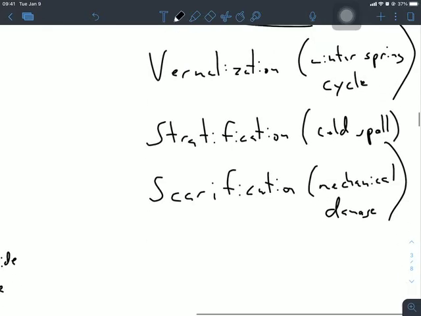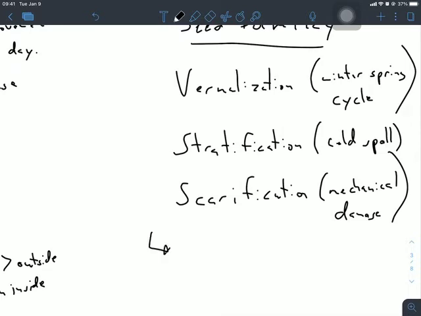All of this seed dormancy ties into the idea of a seed bank. The fact that plants will generate lots and lots and lots of seeds, but not all of them will germinate at the same time.